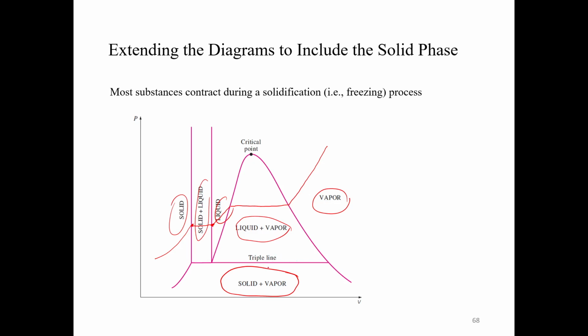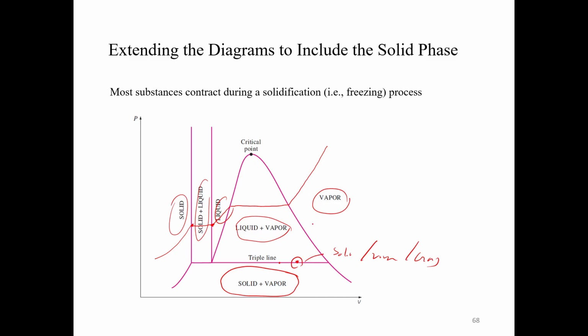What is important about the triple line is that if you pick any point here, you will find there are solid, liquid and gas. All three phases are present, that's why we call it a triple line. Sometimes it's called a triple point for some of the diagrams.